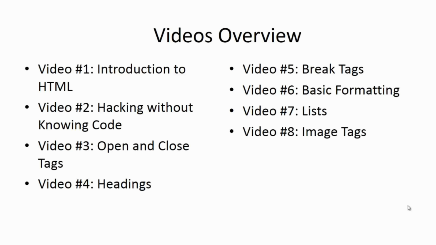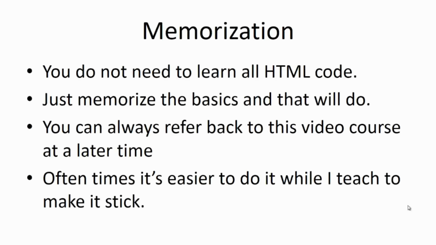And video number 8, we're going to talk about image tags and how to make them SEO friendly. And of course, video number 9, we're going to talk about hyperlinks. Not just how to create a hyperlink, but how to make it so when somebody clicks on it, it opens up in a new window. This is something that you are going to face over and over again, and that's why we're focusing specifically on these tags.